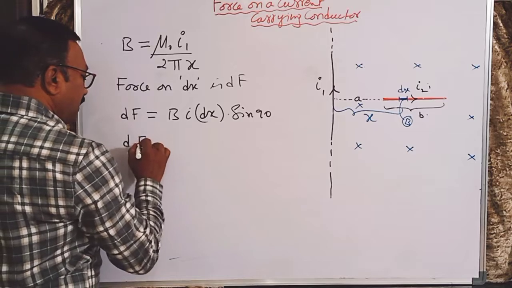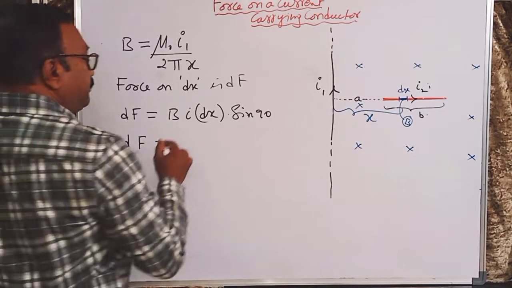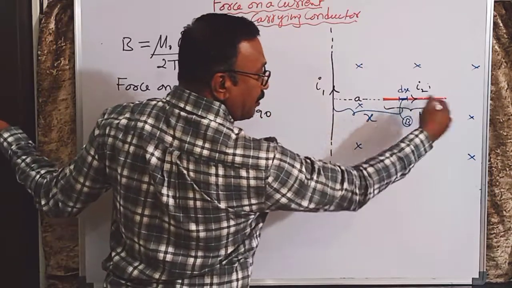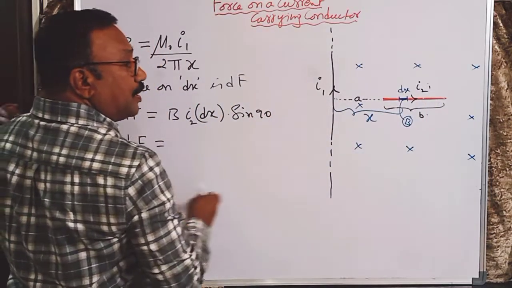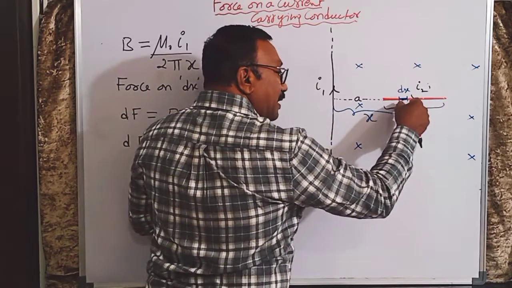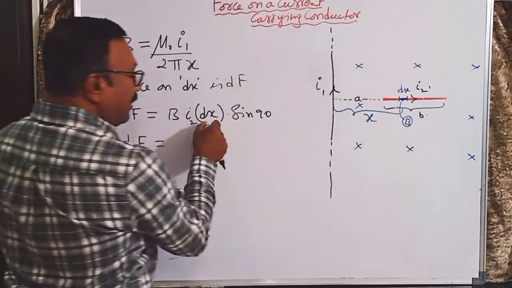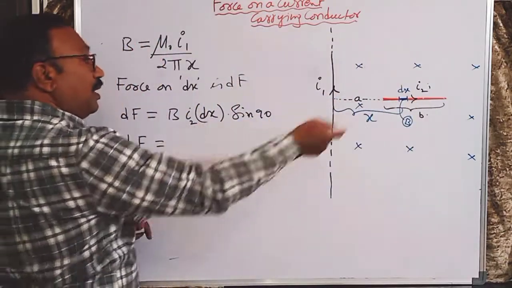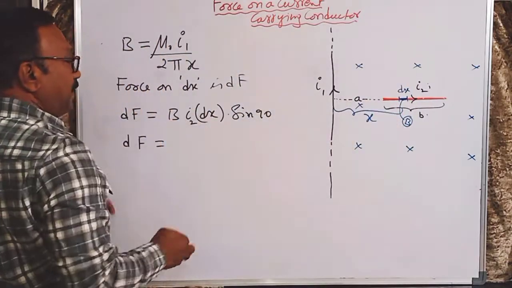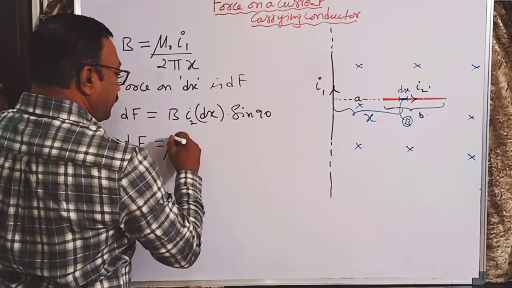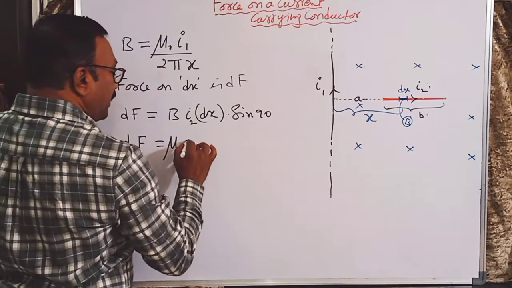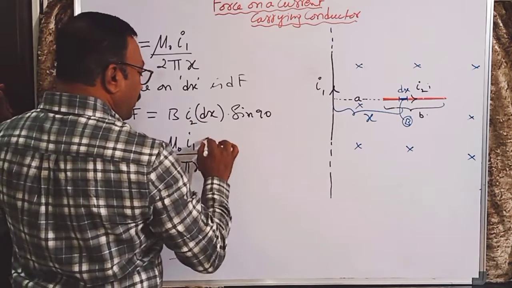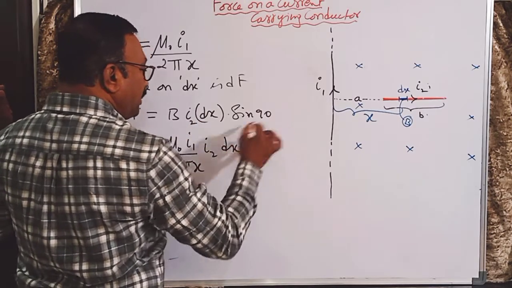So the force dF is equal to B, and I means the current in this conductor. What is the current in that conductor? I2. So dx is a current carrying element, the current in that conductor is I2 and the magnetic field at that place is B. Now B is mu naught I1 by 2 pi x, into I2, into dx, into sin 90.